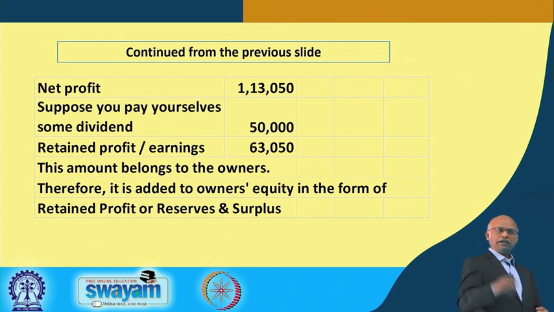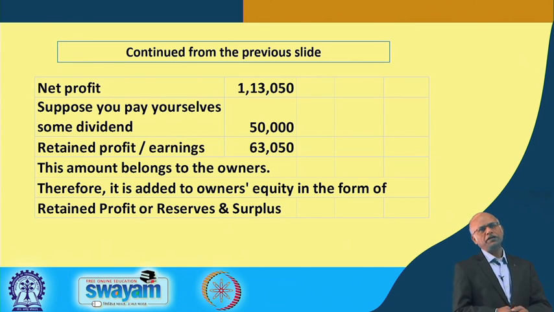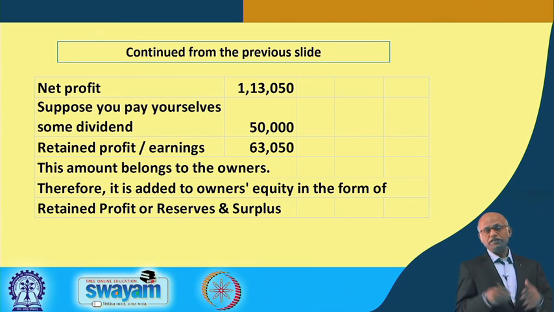For partnership and other limited liability companies you pay dividend separately. Suppose you have decided to pay dividend of 50,000 rupees to the founders. Out of the net profit you pay dividend of 50,000. So, you are left with 63,050 rupees, that is normally termed as retained profit. In the US it is called retained earnings.